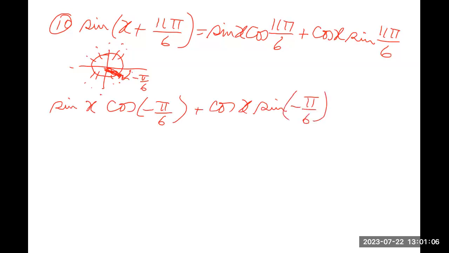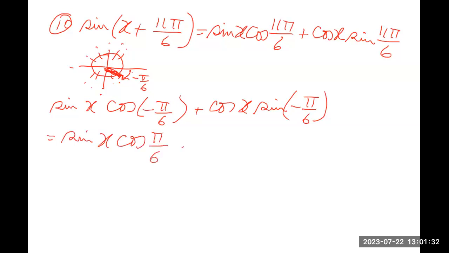Now, notice that I'm trying to avoid using the unit circle here. So there are other ways of doing this if you don't have the unit circle handy. Then we use the fact that cosine is an even function, sine is an odd function. So this becomes sine x times cosine of pi over 6, since we can drop the negative sign.